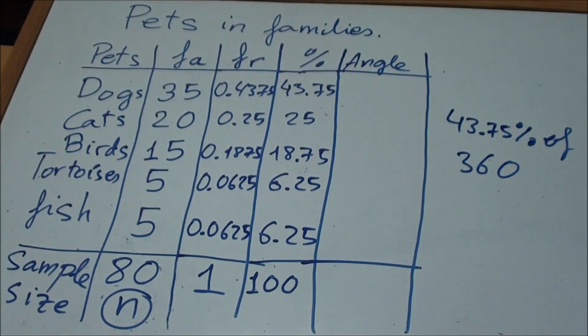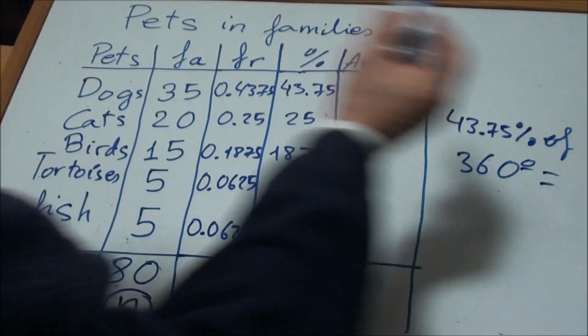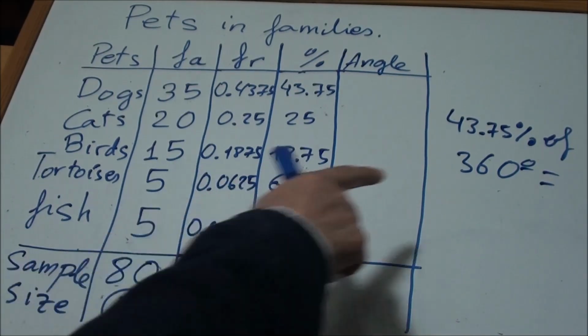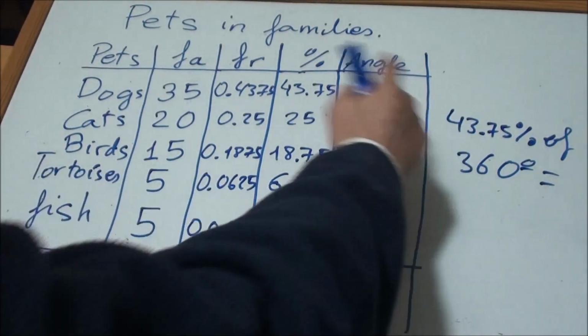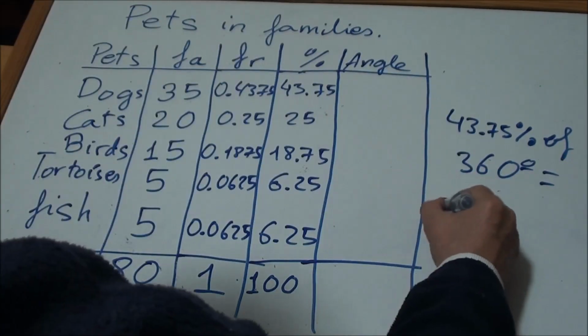This, we know already how we can do that. 360 degrees. We know how to do that because we have done it in previous units. Finding a percent, just multiply the numbers and divide by 100. You can use a calculator to do this. So in this case, it's very simple.